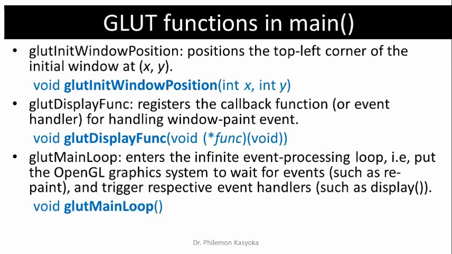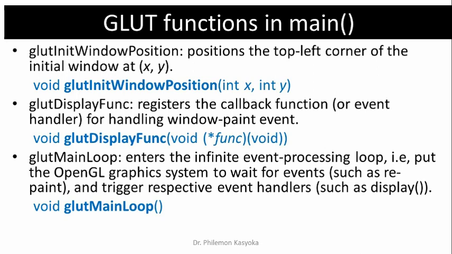And we do have the GLAD display function. This one will register a callback function or event handler for handling window paint, and this is where we're working with the display, with the void display function, and then you can give it some parameters there.